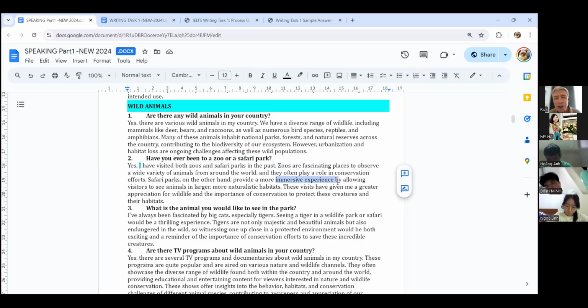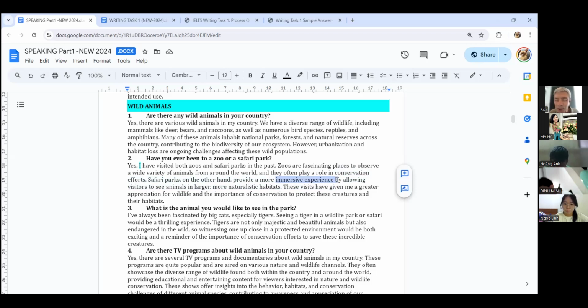To immerse yourself in something, the verb immerse means to imagine you are having a bath, okay, and you put all your body, including your head, under the water. That is called immersing yourself in the water. It means covering all your body with water.